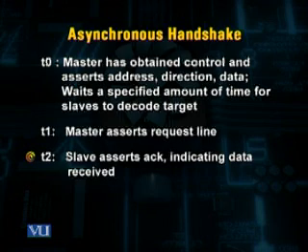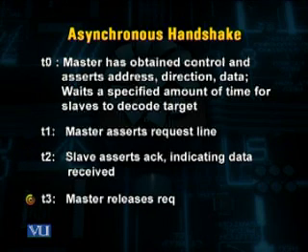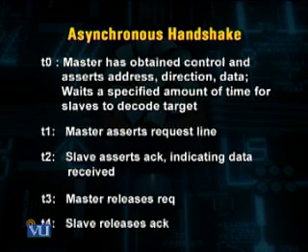Once the data has been received, at the time slot T3, the master releases the request signal, and then the time slot T4 shows that the slave releases the acknowledge.